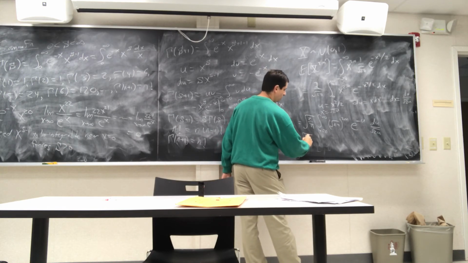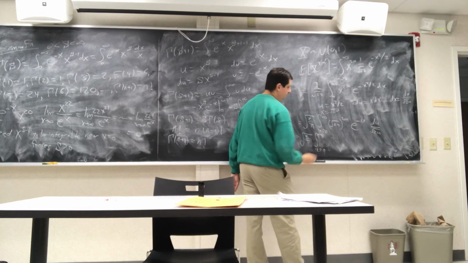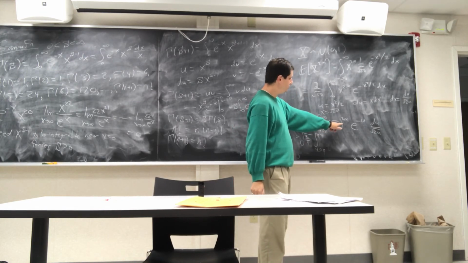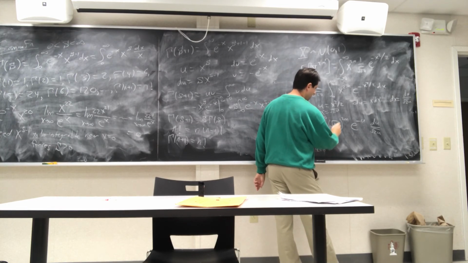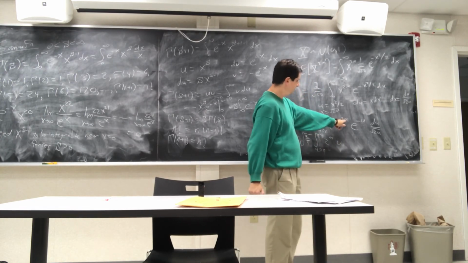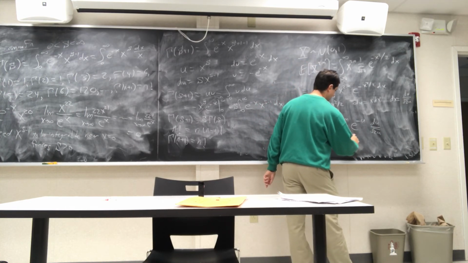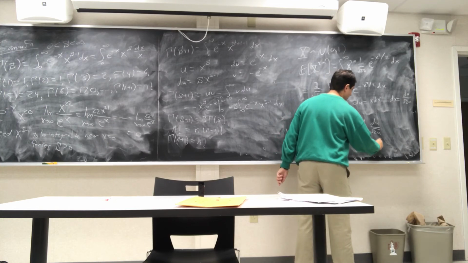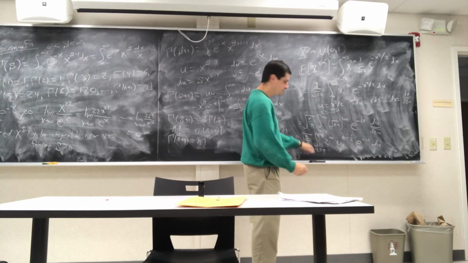All right, square root of 2 over pi, u goes from 0 to infinity. Square root of 2u to the 2m, the 2 kills the square root. We get a 2 to the m. We get a u to the m. Then we have a minus a half here, so we get a u to the m minus a half, e to the minus u du. And we have another square root of 2 down below, which kills the square root of 2 over here.